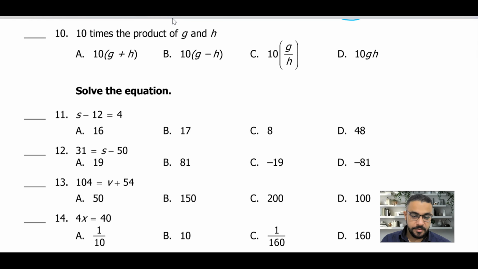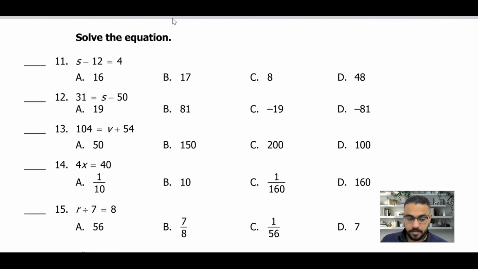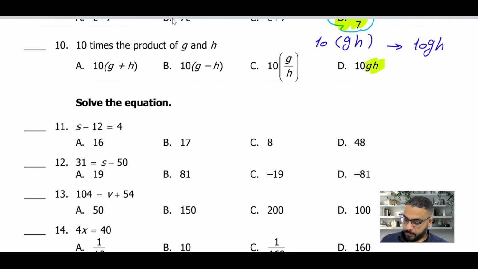So 10 times the product of G and H. But he told us here the product of both of them. So without this word, I'd say it's addition. But here, 10 times, that's it, 10 times the product of G and H, can be written like 10GH, like 10XY, okay? So the final answer is D.